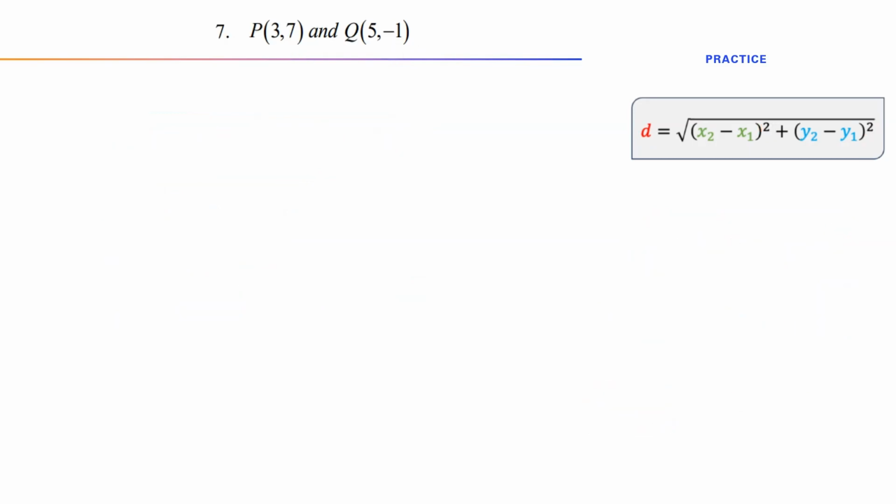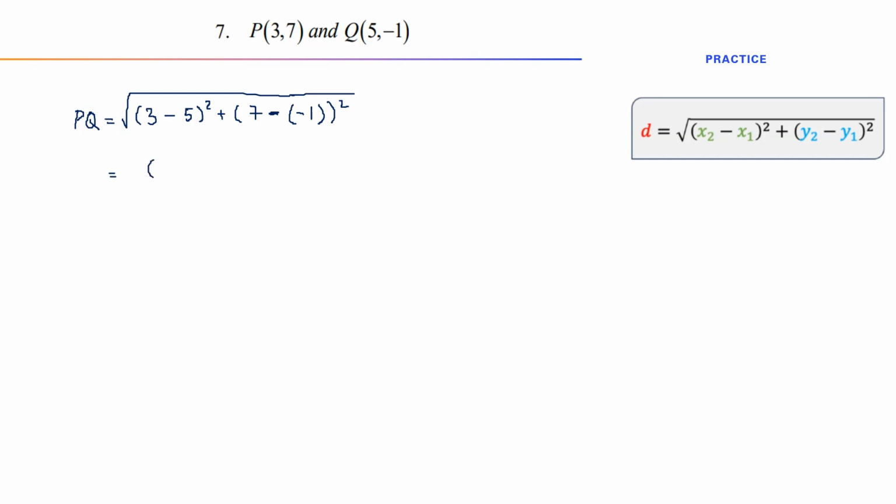For this question, we apply the distance formula for points P and Q. The distance between those points is equal to the square root of (x of P minus x of Q), which is 3 minus 5, square, add (y of P minus y of Q), all square.